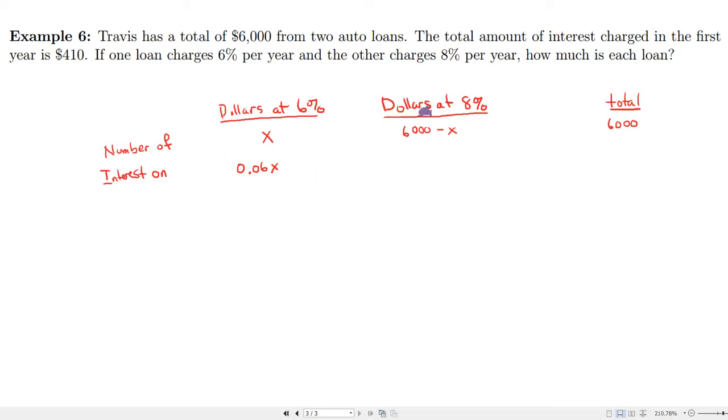And then the interest on this loan was 8%, so we'll do 8% times this amount, right? So 0.08 times 6,000 minus x. Okay, and then what's the total? So the sum of the interest on these loans charged in the first year was given over here as 410. So that's where we'll put the 410.